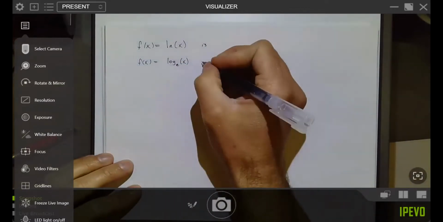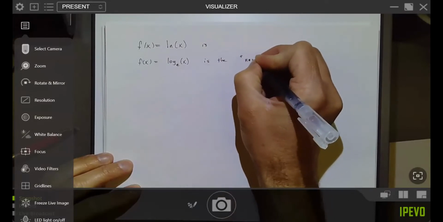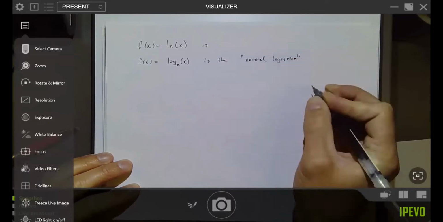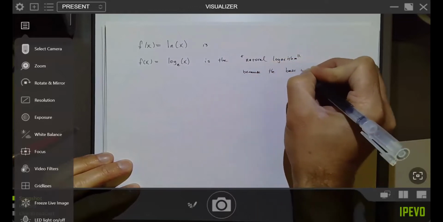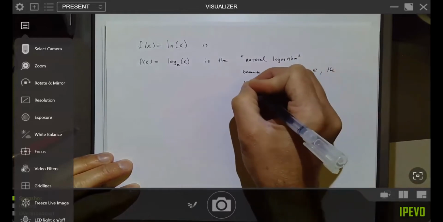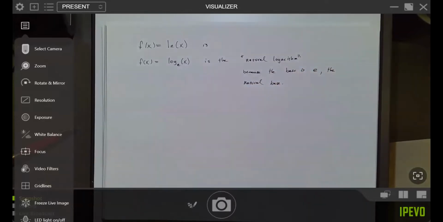So this is the natural logarithm. It's called that because the base is e, the natural base. The reason we call it the natural base is because it's the one that's kind of the nicest. It comes up the most.